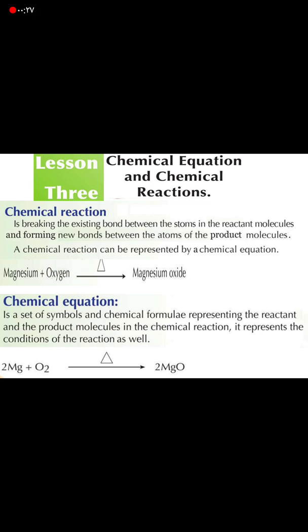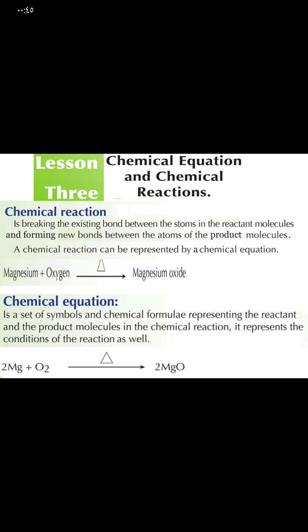For example, we have reactants, which are magnesium and oxygen. When magnesium combines with oxygen atoms, they change into, or they produce, magnesium oxide.